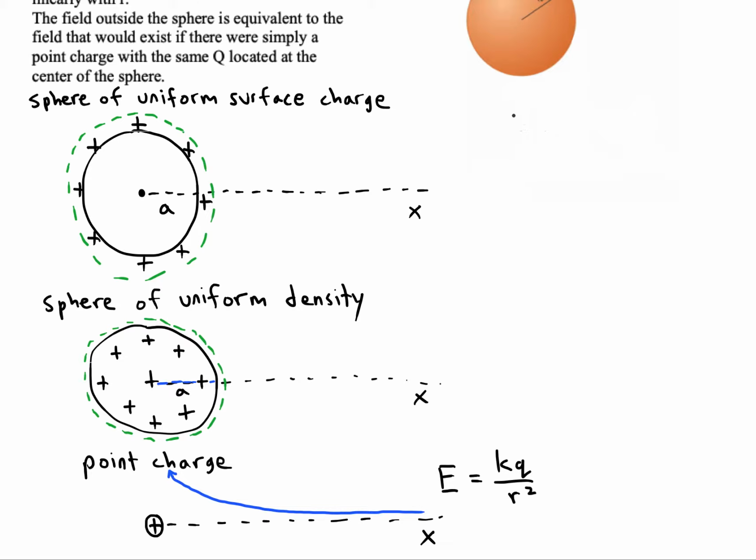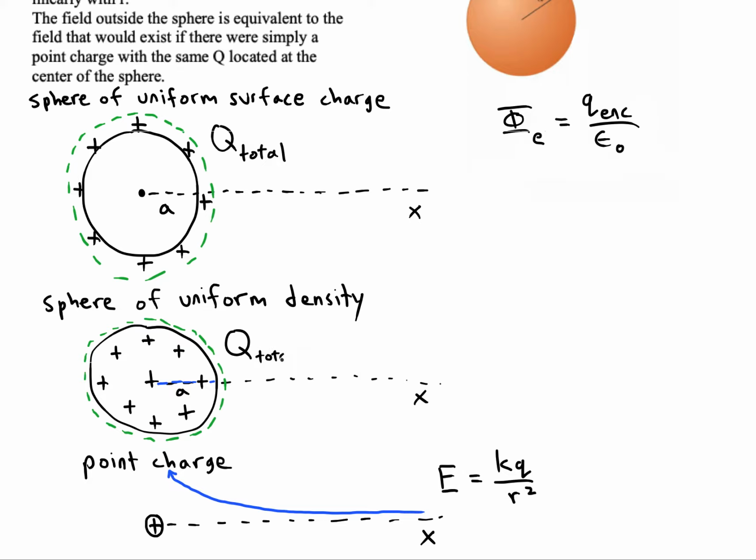According to Gauss's law, the electric flux will be equal to the charge enclosed divided by epsilon naught. And let's say that our uniform sphere has a total charge of big Q on it. We call it Q total. And that's going to be the same for both.